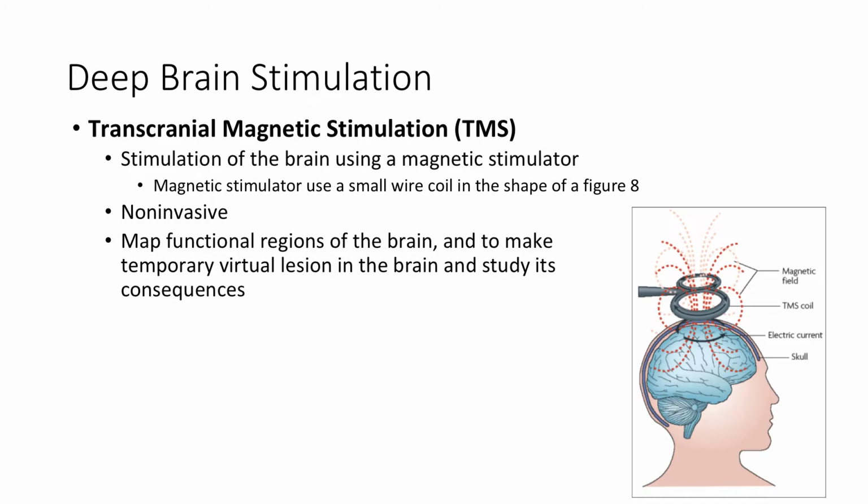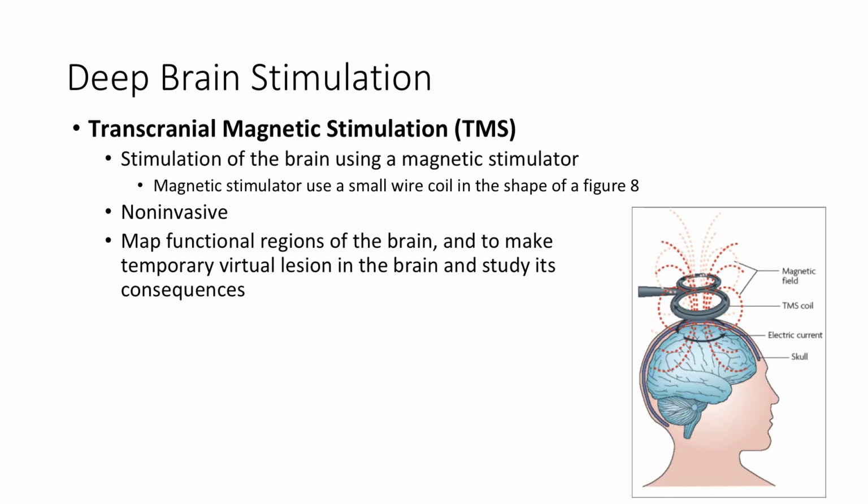It's just placed next to your head. Then a high voltage current is passed through the coil, and it pulses very fast. Each electrical pulse produces a rapid increase and then a decrease in the magnetic field around the coil. The magnetic field penetrates the skull and changes the electrical activity in adjacent neurons.